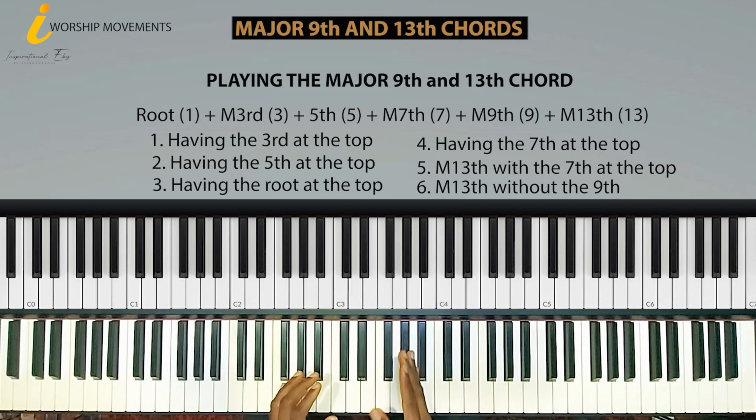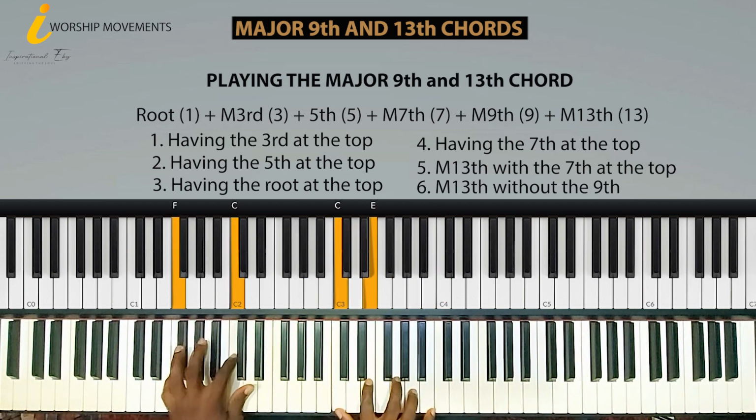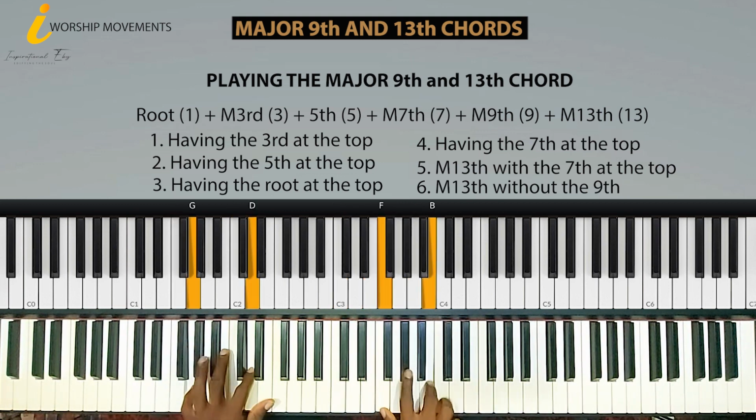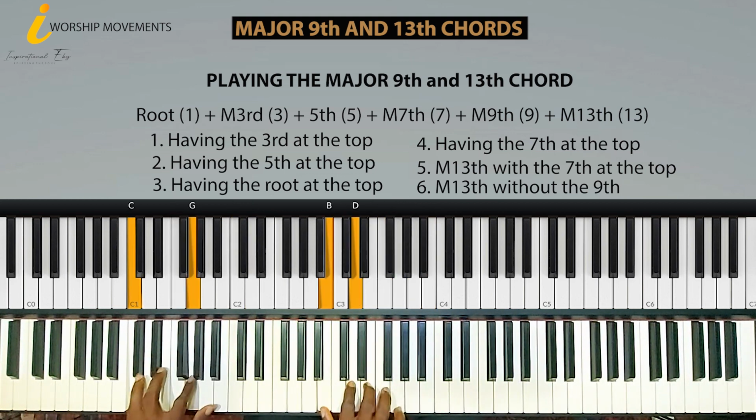So it's based on the melody of the song. You can see. See? So based on that melody, I interchange between the different voicings and the different arrangement, right? See?